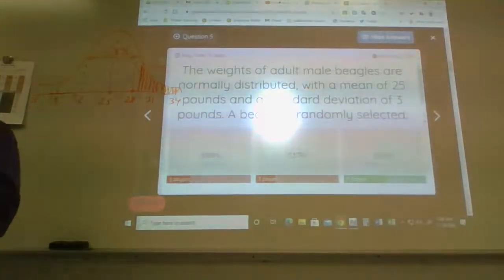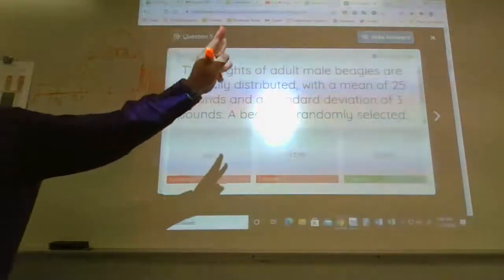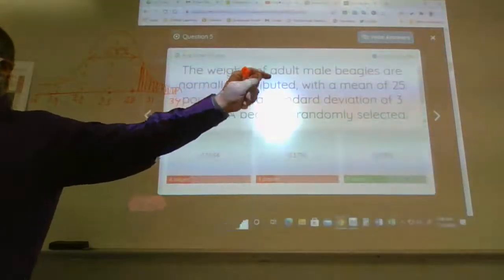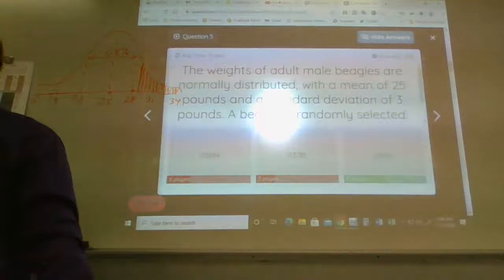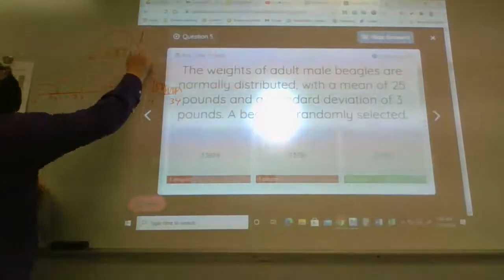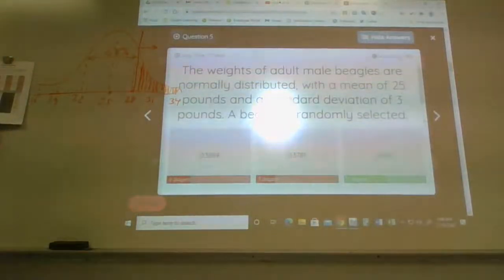So if I'm looking at the middle 68% of data, what percent of the data is on the outside of that? 32. Cut it in half. 16. Which means that moving forward would be approximately 16%.